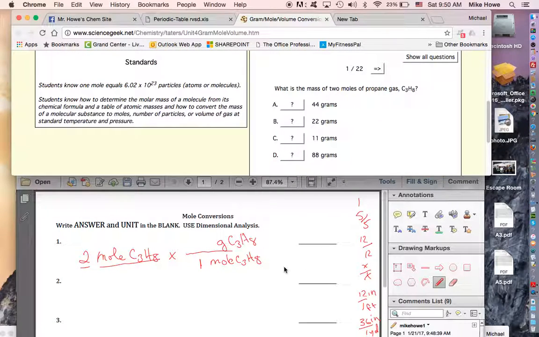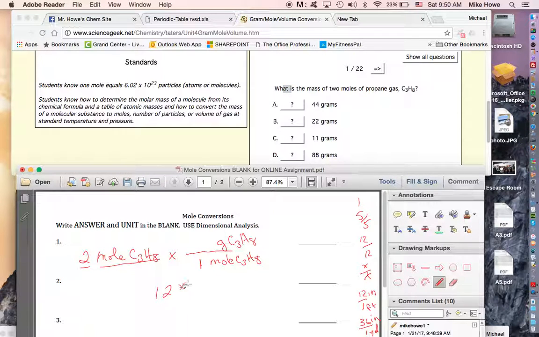So 12 times 3 equals 36. 1 times 8 equals 8. Add them together and you get 44. So there are 44 grams in 1 mole.